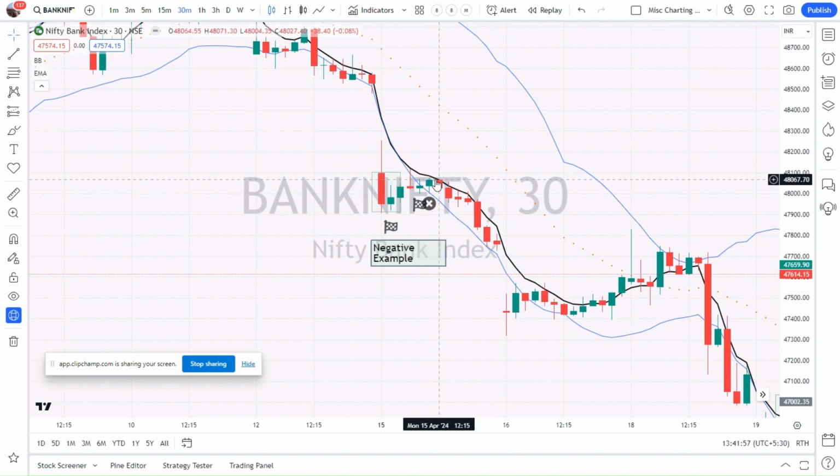For example, the high of this candle is, you can say, 48,070, whereas the close of this candle is actually 48,065.